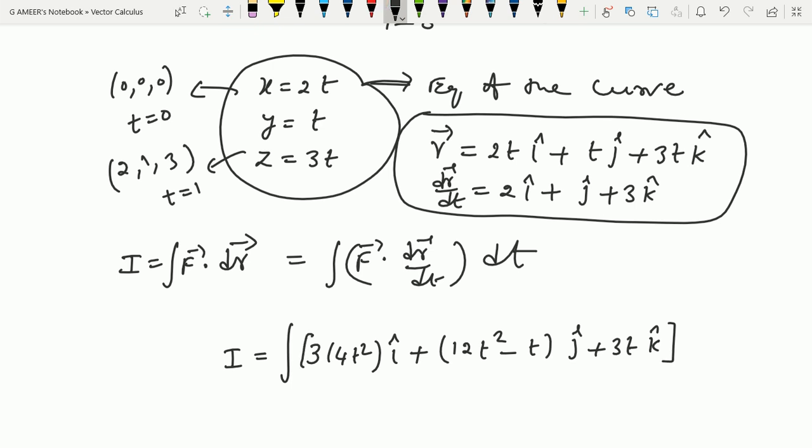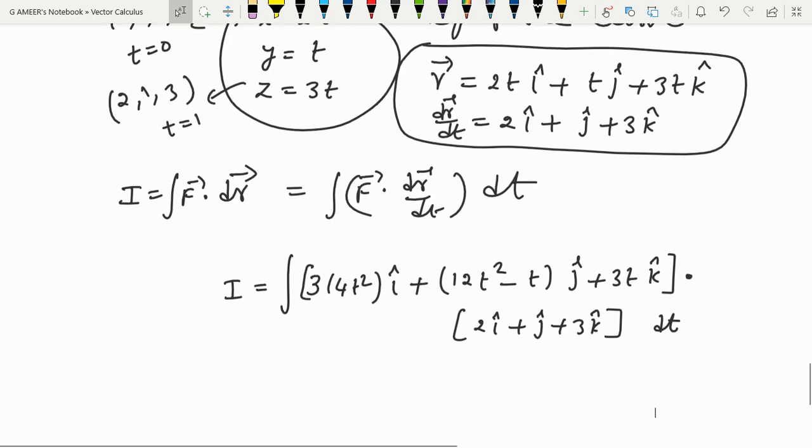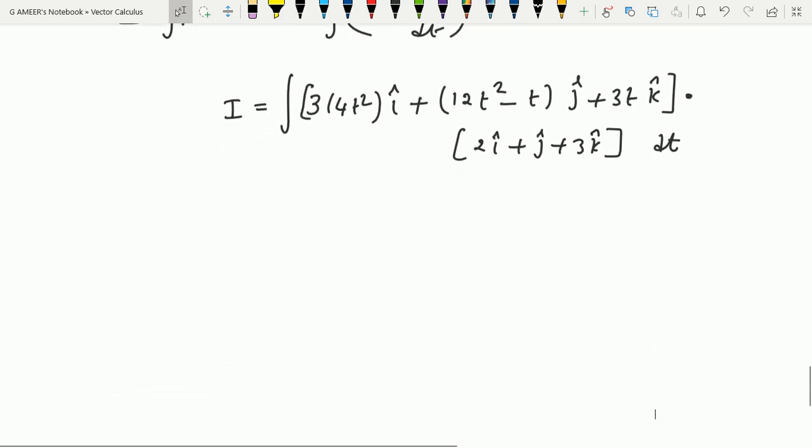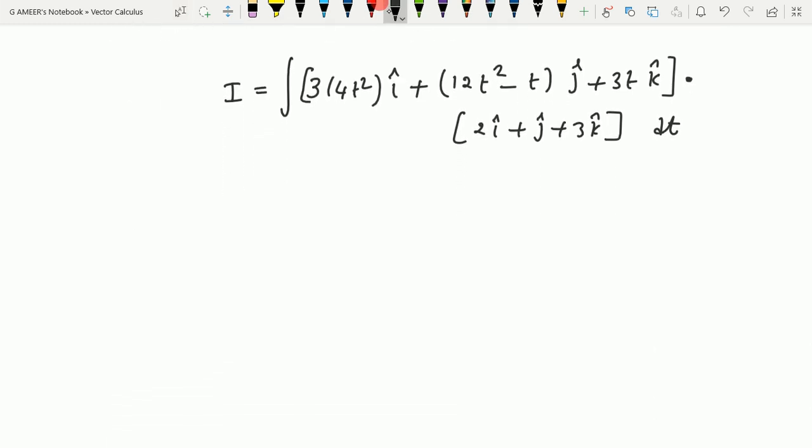Then up to here I got the F, dot product with dr by dt, which I calculated above, that is 2i cap plus j cap plus 3k cap, into dt.